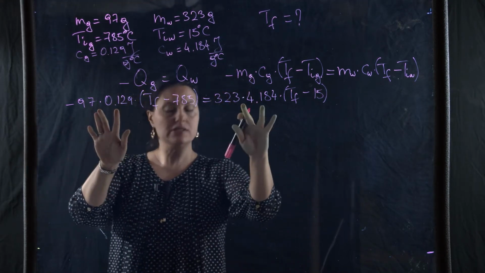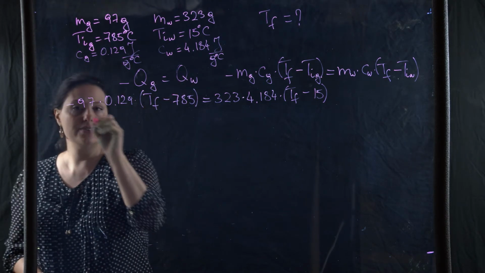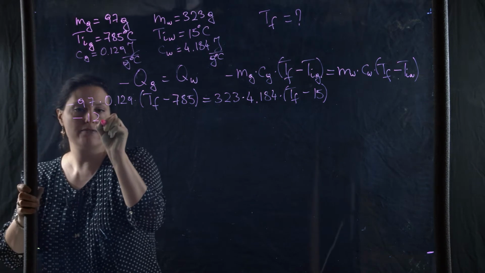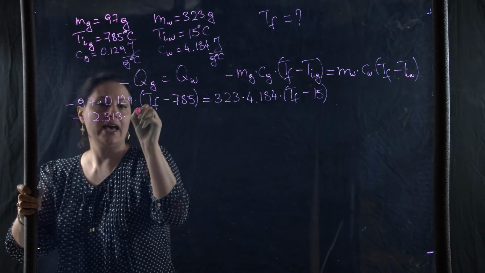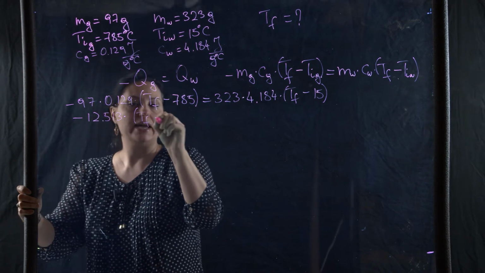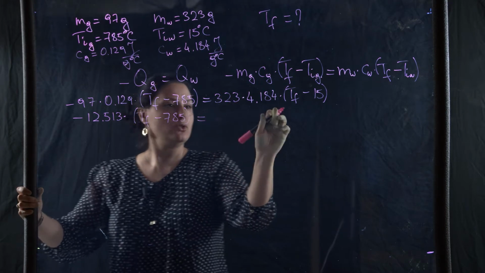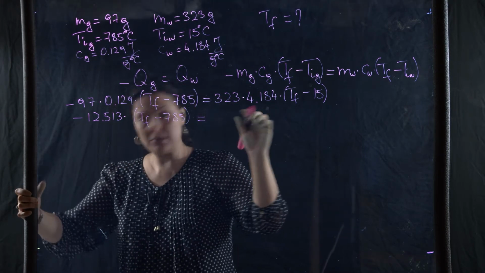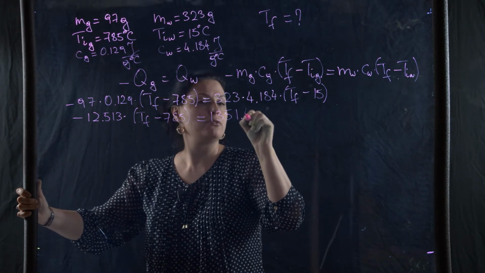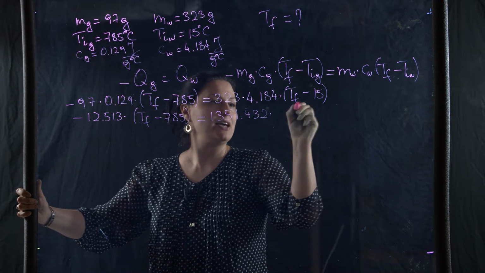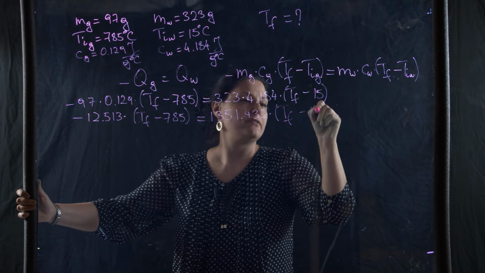I can do these two products first. This gives me minus 12.513 times T final minus 785, I didn't change this part, is equal to this product, which gives me 1351.432 times, I don't change this part, T final minus 15.